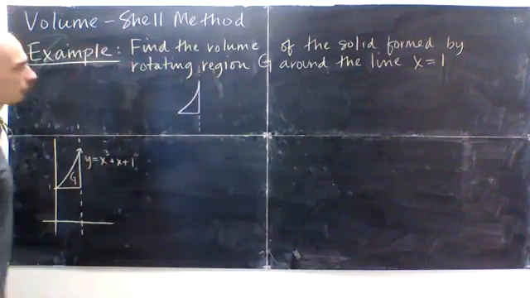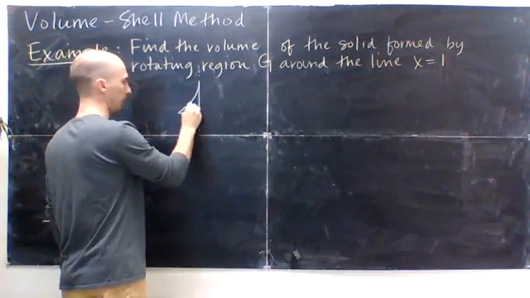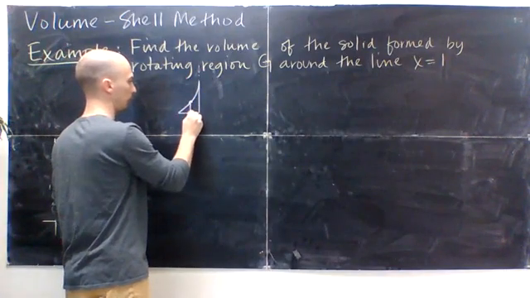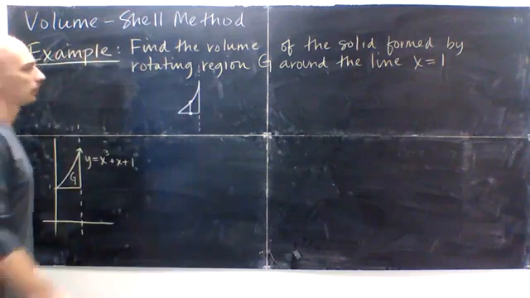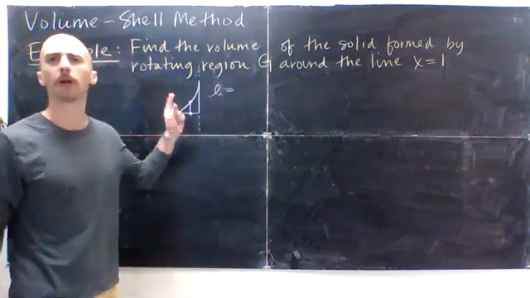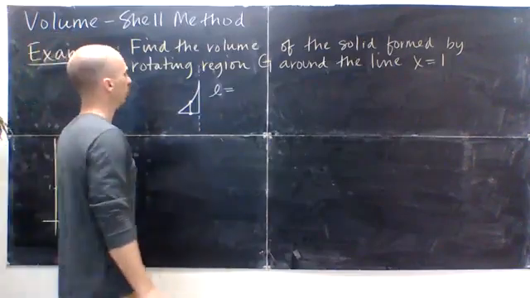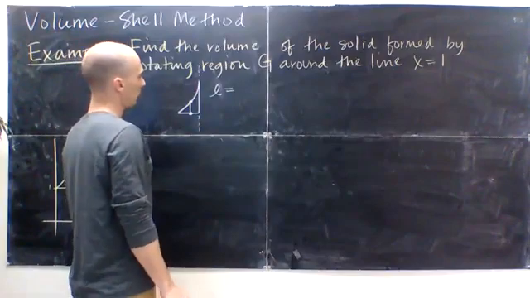All right, and so the shells are going to have height given by L. In this case, L is kind of like the height. It's the thing that's parallel to the axis of rotation. It's like the lateral. It's going to be top minus bottom.